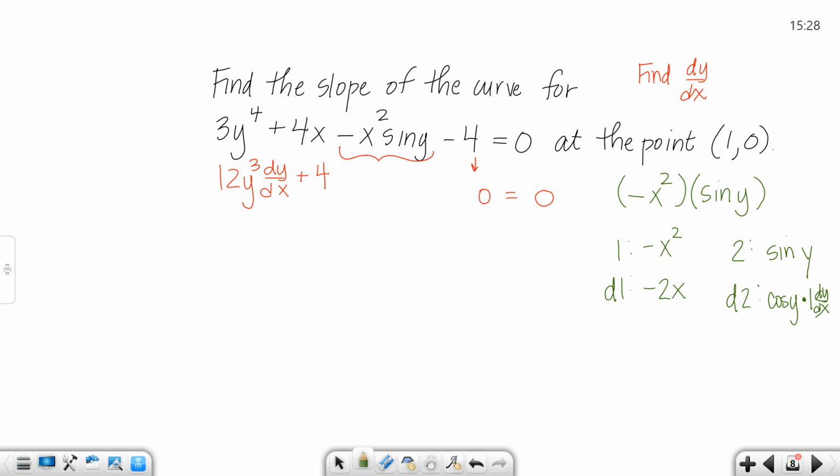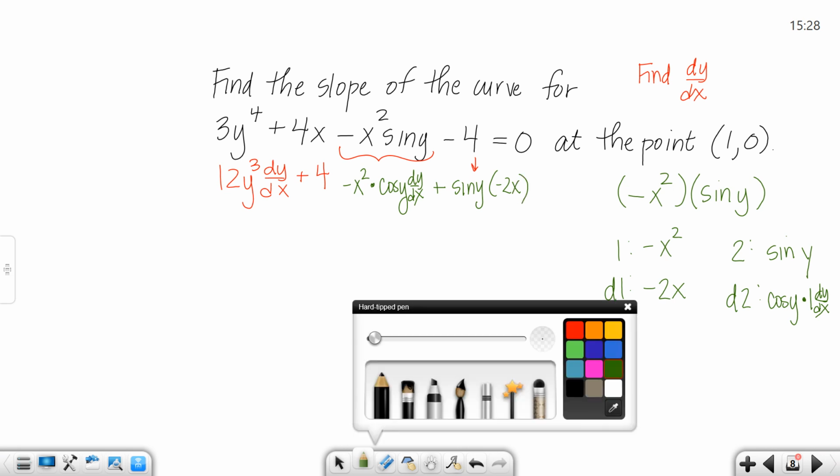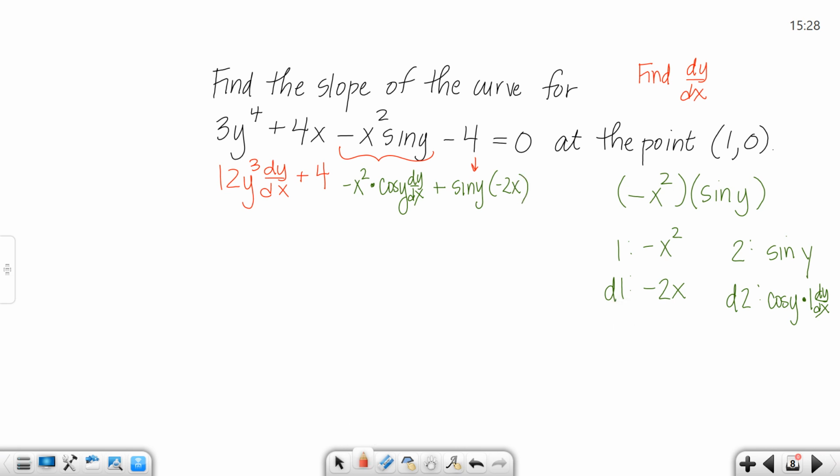So let's throw that green part back into the problem. So it says function 1 times d2 plus function 2 times d1. Okay, now I ran out of room, but remember the derivative of 4 was 0, and the derivative of 0 was 0.